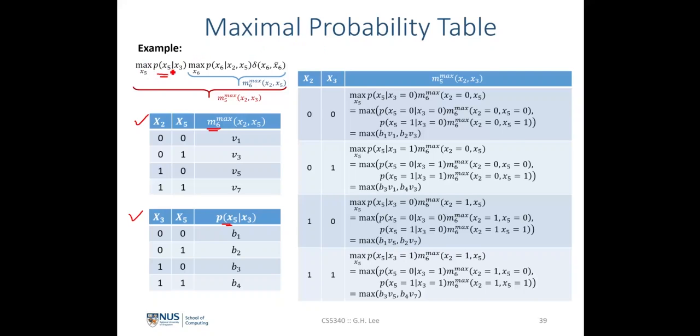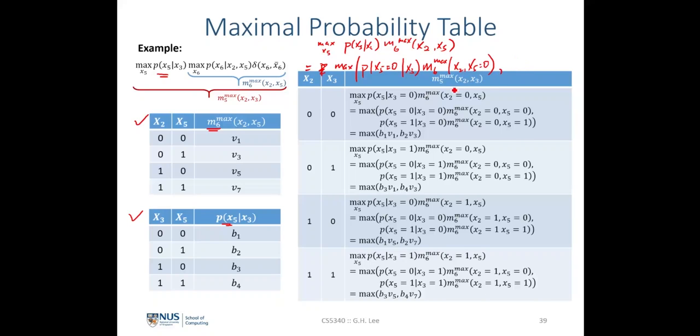And what this maximization means is that the maximization over x5, over the conditional probability of x5 conditional upon x3 and the message of m6 max over x2 and x5, can be expanded out into this form, where we simply write the max operator over the term p of x5 taking a state of 0 conditional upon x3 multiplied by m6 max over x2 and x5 equals 0.